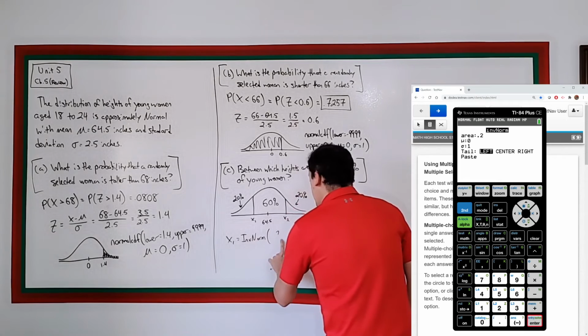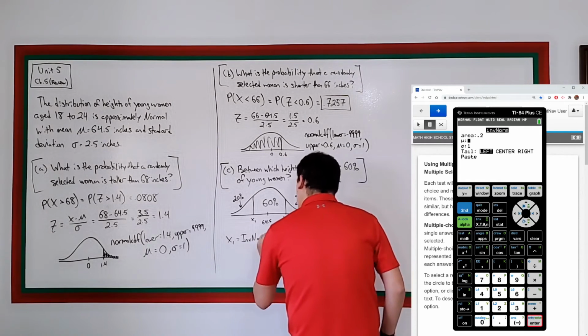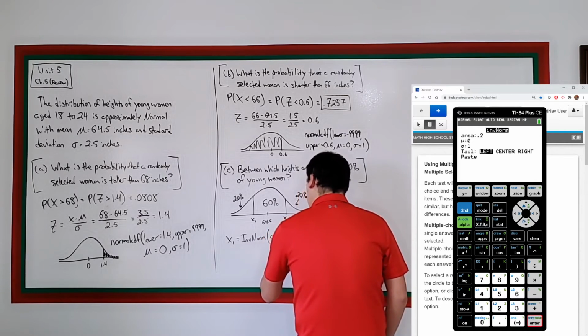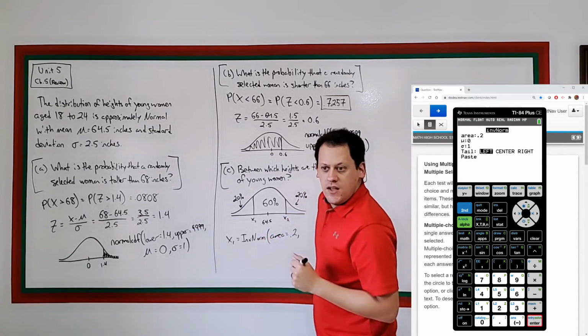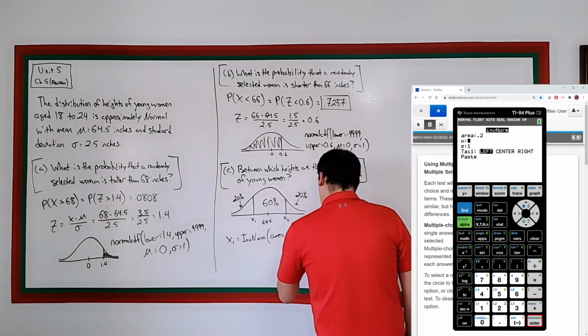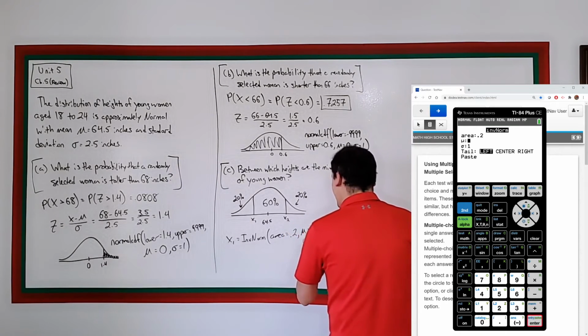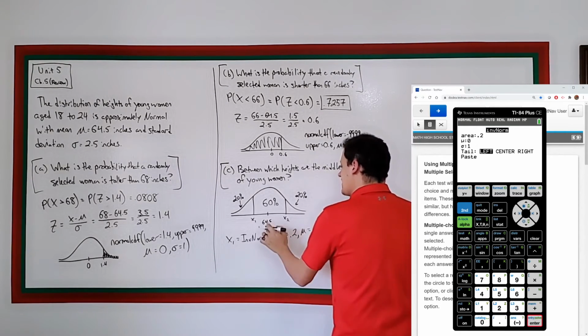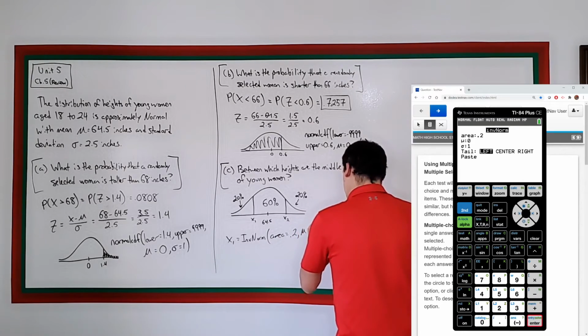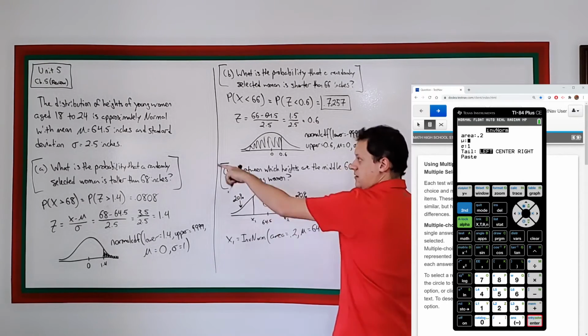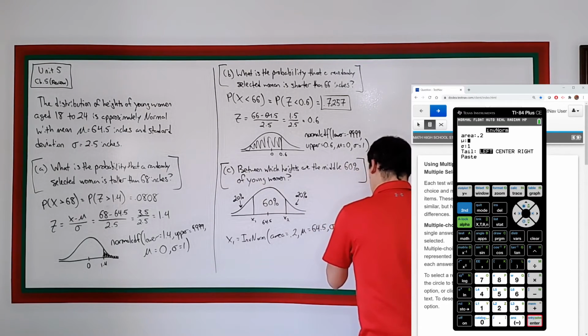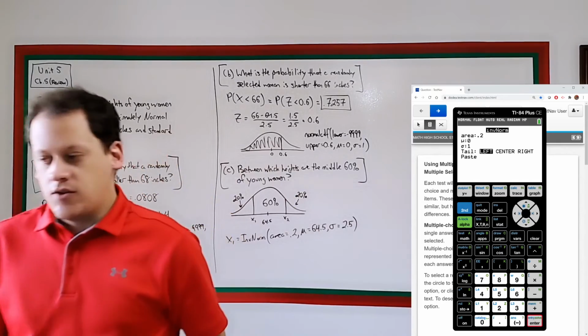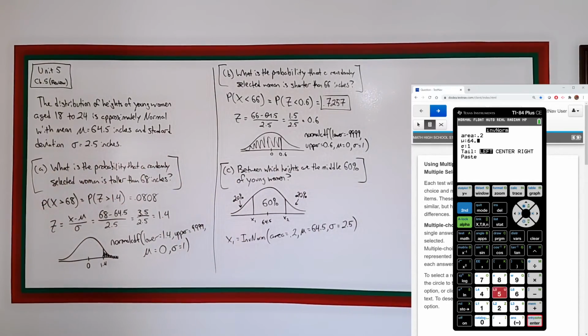So, I'm going to be writing what you need to write here. Area equals 0.2. It wants the mean and standard deviation. The mean is not 0. The mean of this distribution is 64.5. And the standard deviation is 2.5. Okay, so 0.2, 64.5, and 2.5.